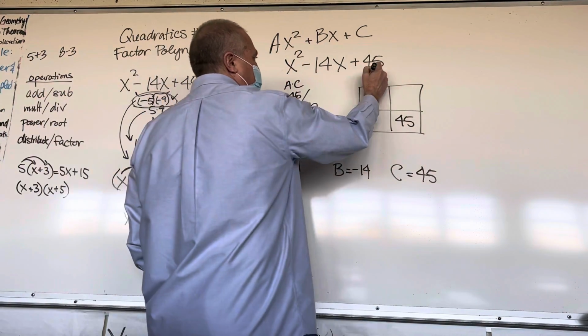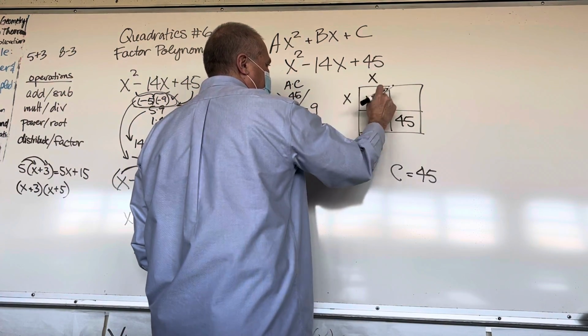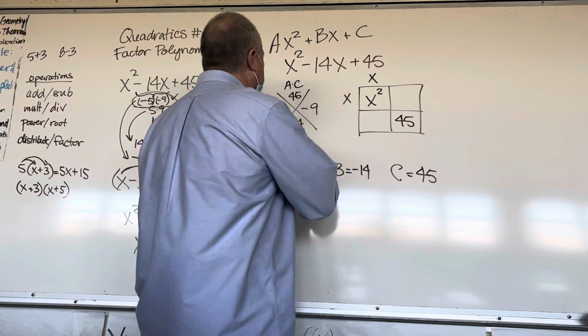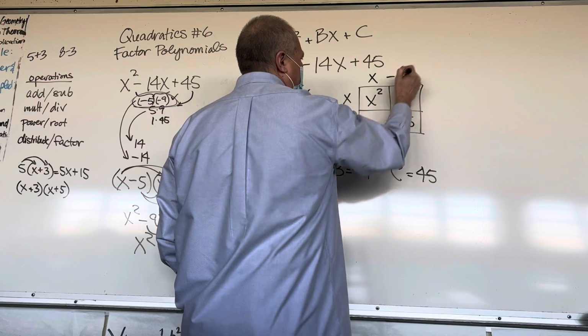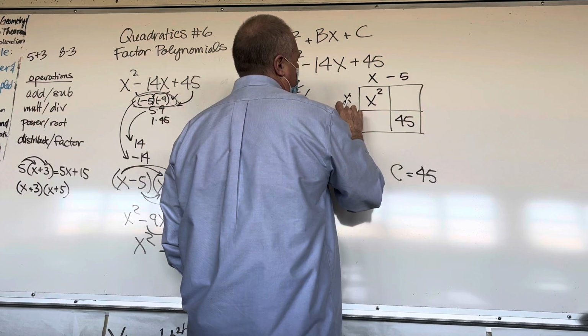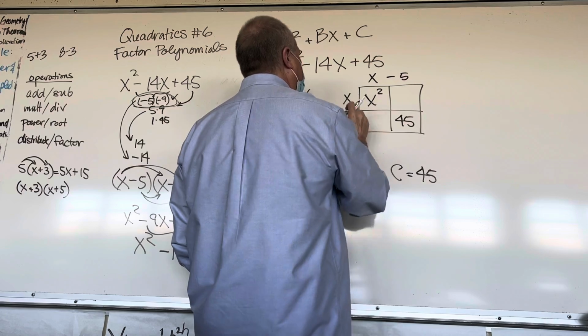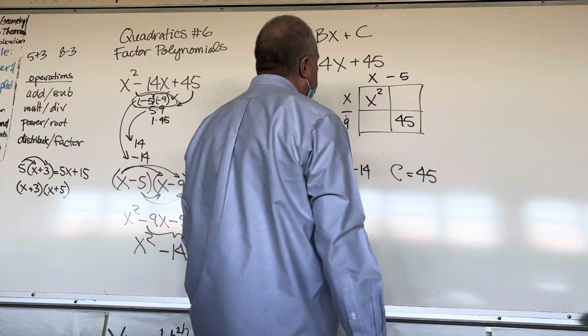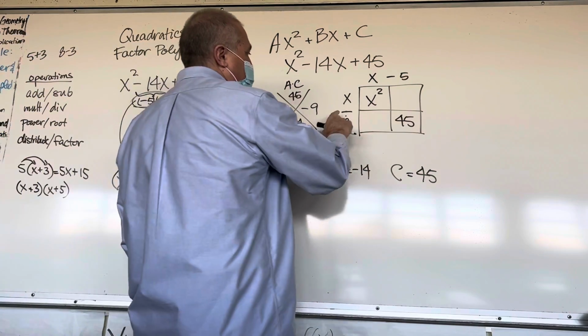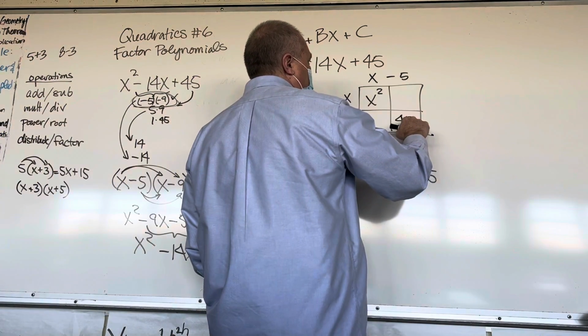Well, if I multiply an x by an x, I get this x squared. And if I put the negative 5 up here and the negative 9 here, I don't know whether to draw my negative vertically or horizontally. Now it looks like a plus. So these two together, if you multiplied a minus 9 and a minus 5, you'd get 45 here.